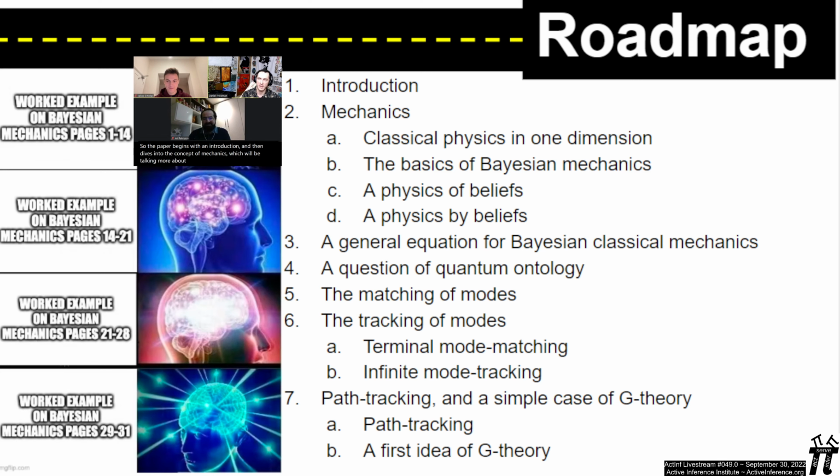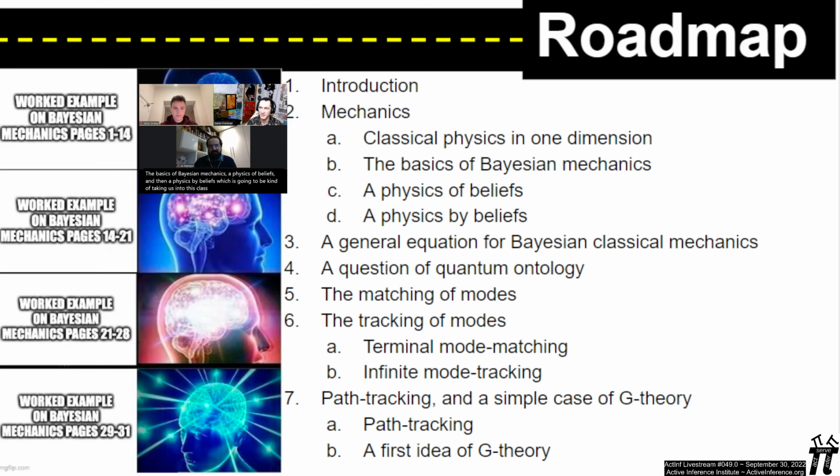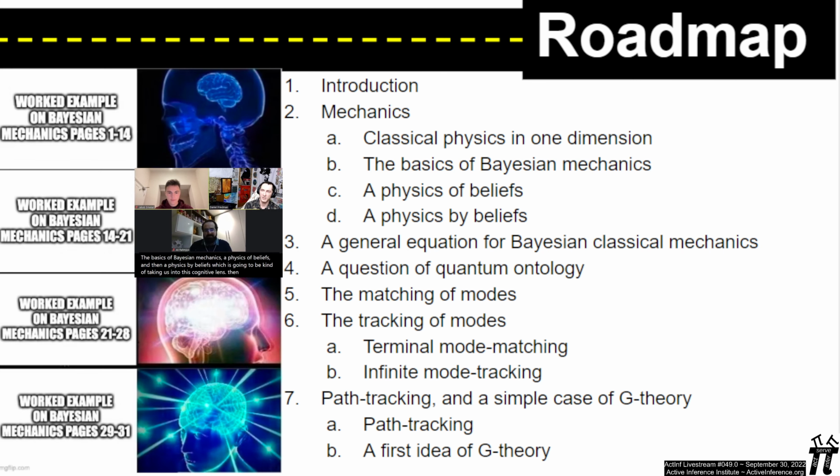The subsections there cover classical physics in one dimension, the basics of Bayesian mechanics, a physics of beliefs, and then a physics by beliefs, which is going to take us into this cognitive lens. Then a general equation, equation 15, for Bayesian classical mechanics is presented, and that'll be a really exciting equation and formalism to lead up to and unpack.